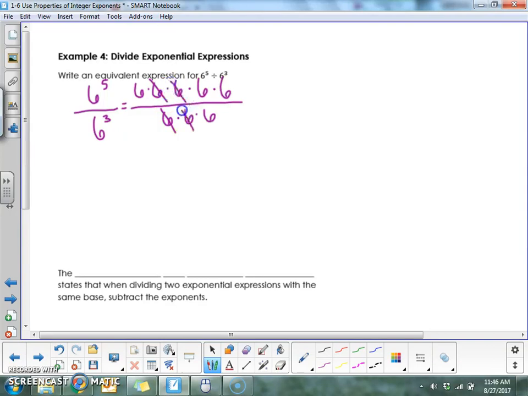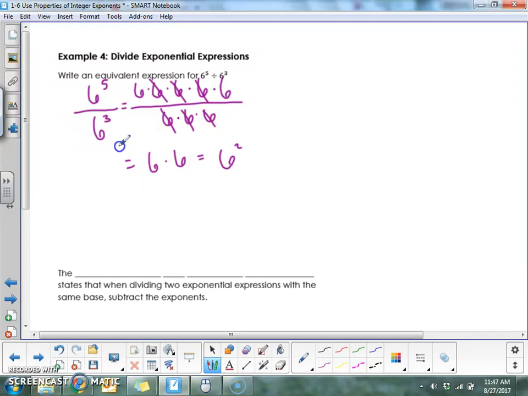We're canceling these out because they're just going to give us 1, and anything times 1 is itself. So here I'm left with 2 6's being multiplied to each other on the top, which is the same as 6 squared. So expanding it out, simplifying, and then figuring out what your answer is. That's, again, the expanded long way to do it.